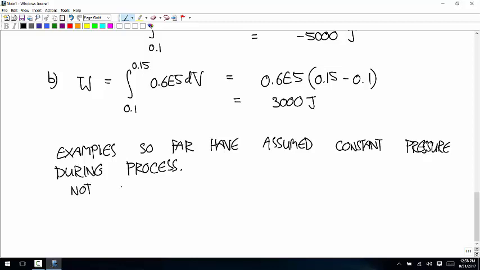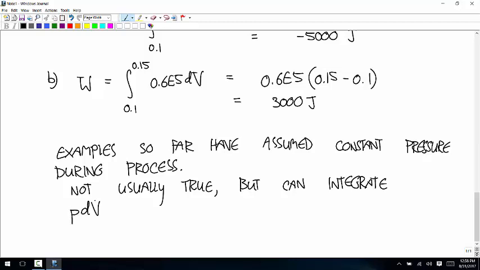So that's not usually true, but you can still integrate P dV if you have P as a function of volume.